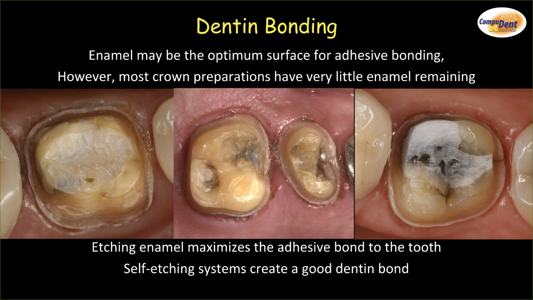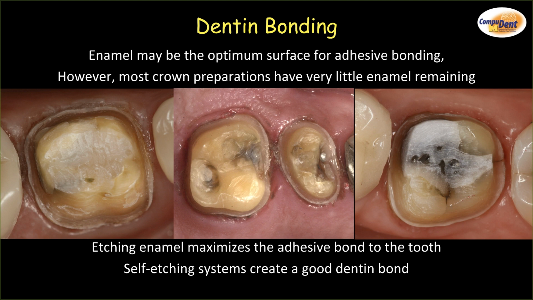Now, we all realize that enamel is the best surface to bond to. If we put phosphoric acid on enamel, 15, 20 seconds, rinse it off, we're going to get a predictable bonded surface. But how much enamel do you end up with on a crown prep here? I mean, you get a little ring at the margin. Is that going to really enhance our bonding by etching that amount of enamel?